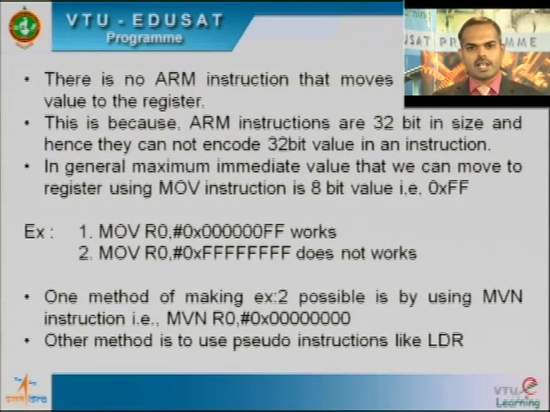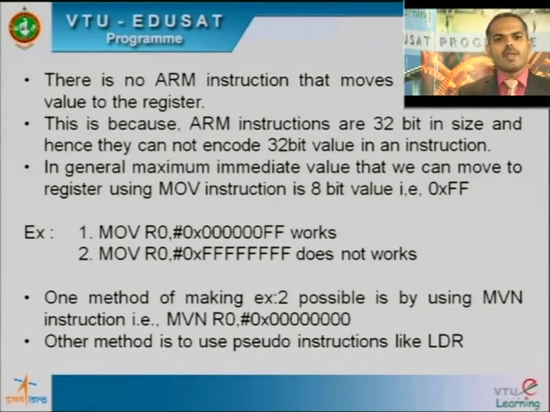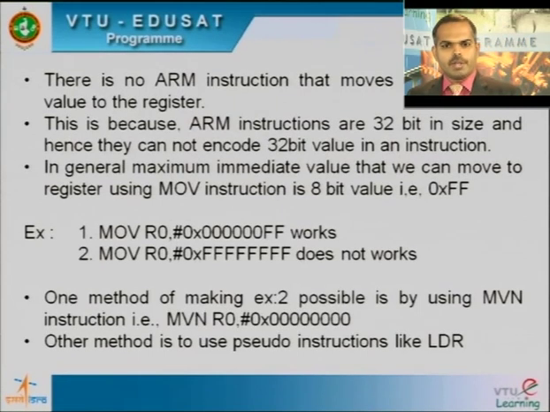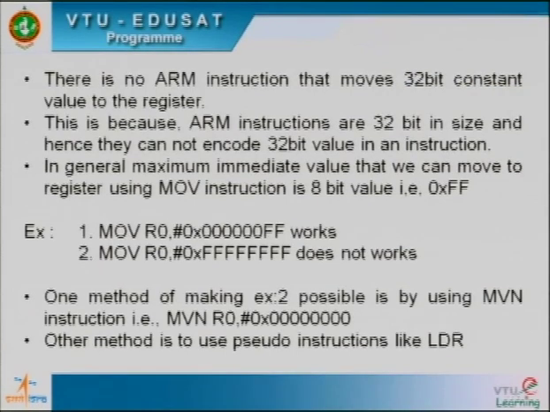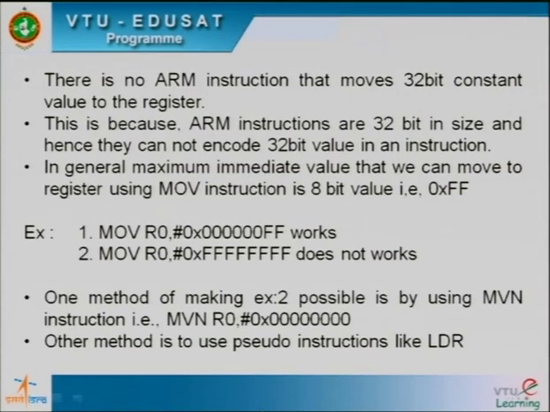To conclude this slide, what it says is that there is no ARM instruction that moves a 32-bit constant value to the register. We cannot move a 32-bit value to the register directly. That is because the ARM instruction by itself is 32-bit.